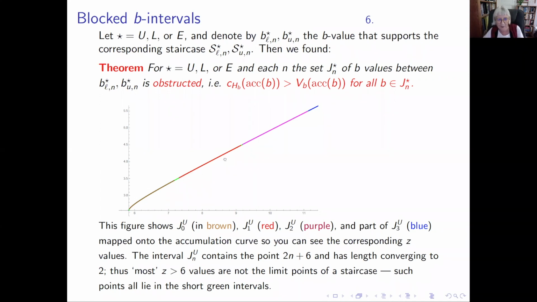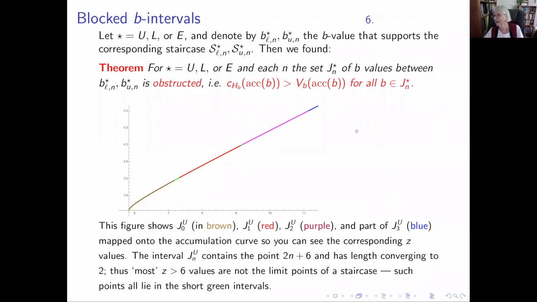Then we have another interval, this red interval, which comes from our obstruction. There's an obstruction which I'm going to talk about, which gives you this interval. It's somehow centered at 8. These are all obstructed, and then we've got an increasing staircase converging at this value and a decreasing staircase converging at that value.